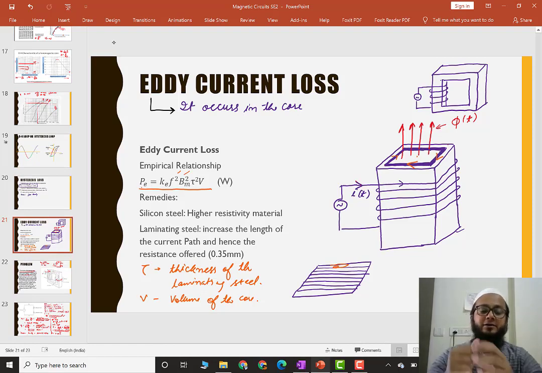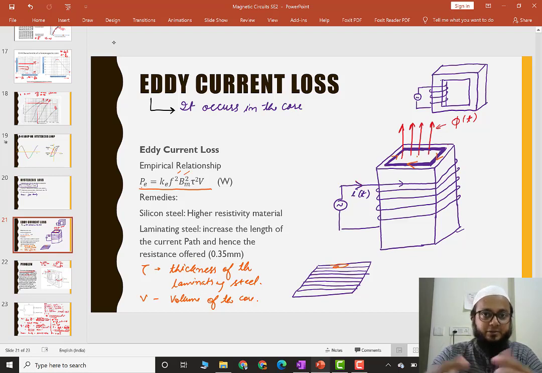So eddy current loss and hysteresis loss occur in the core when there is a change in magnetic field. That change in magnetic field produces the eddy current, and that causes the eddy current losses, and that completes the magnetic circuit.